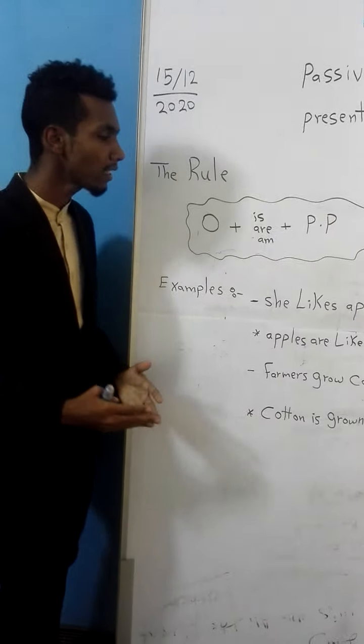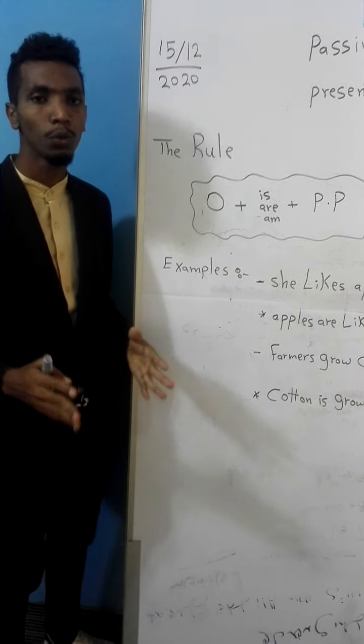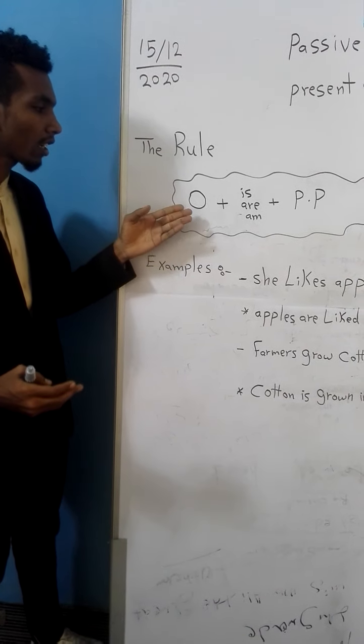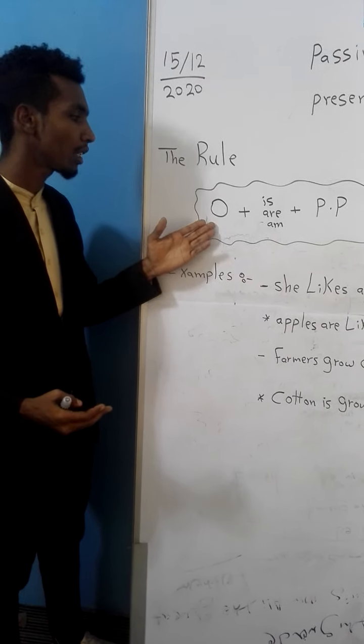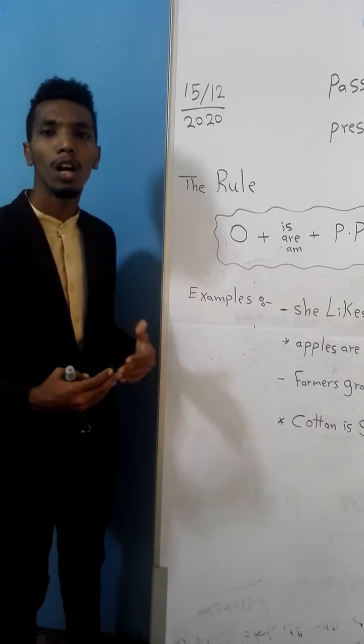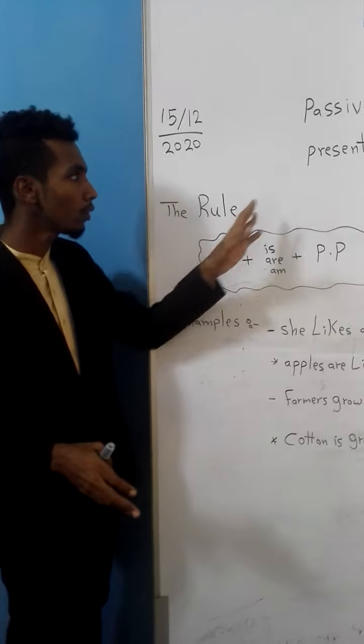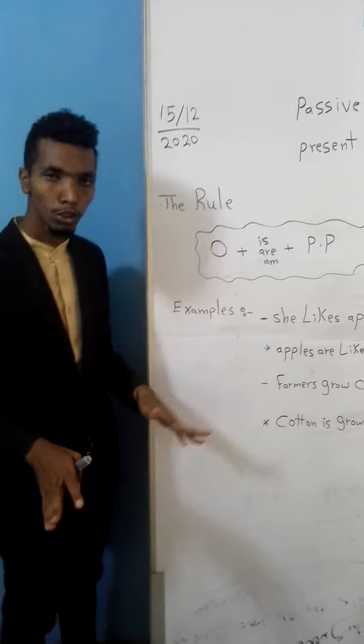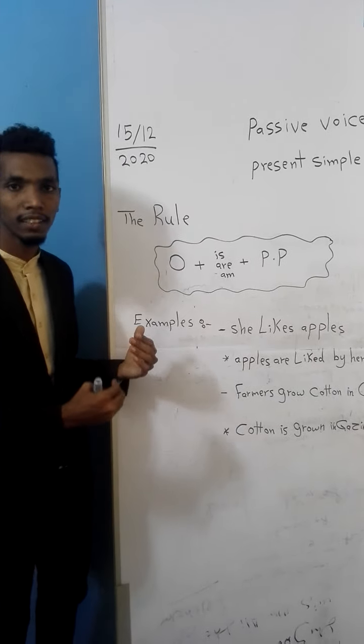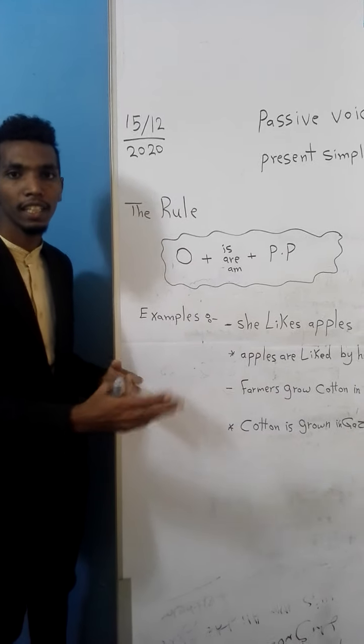The rule of the passive voice is very easy. Generally we start our sentence with the object. O is an abbreviation of object. You already know the rule of the present simple: subject plus verb plus s or es.